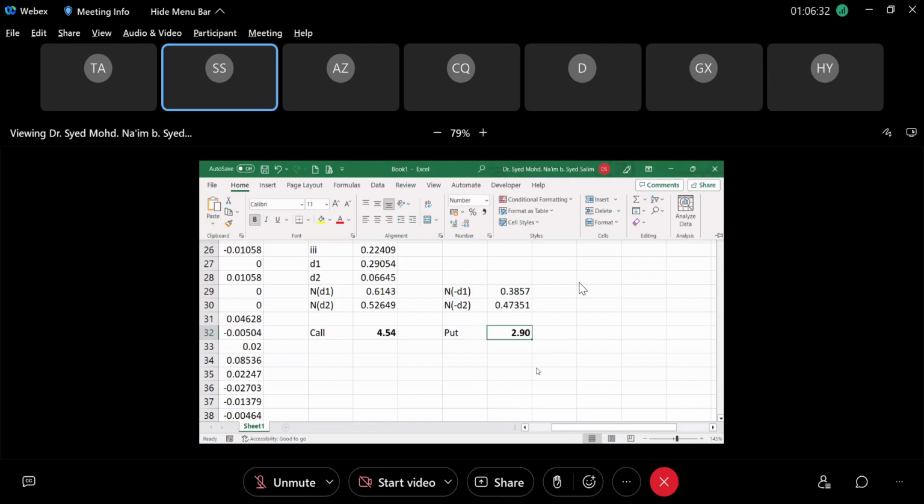It's the same for the 4% option according to Black-Scholes.